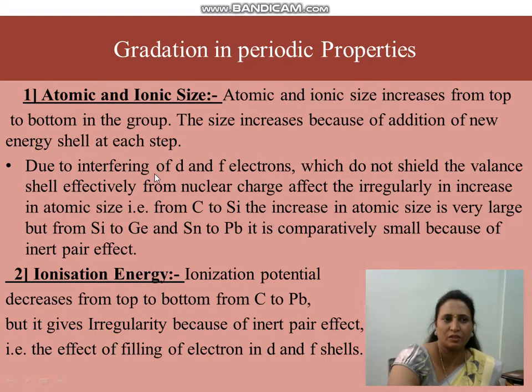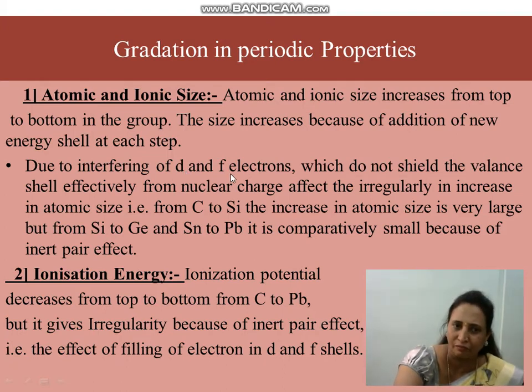I will repeat again, due to the interference of D and F electrons, which do not shield the valence shell effectively from nuclear charge, there is an irregularity in the increase in atomic size. That means the irregularity in the increase of atomic size is seen when we travel from top to bottom. This is because of the interference of D and F electrons.